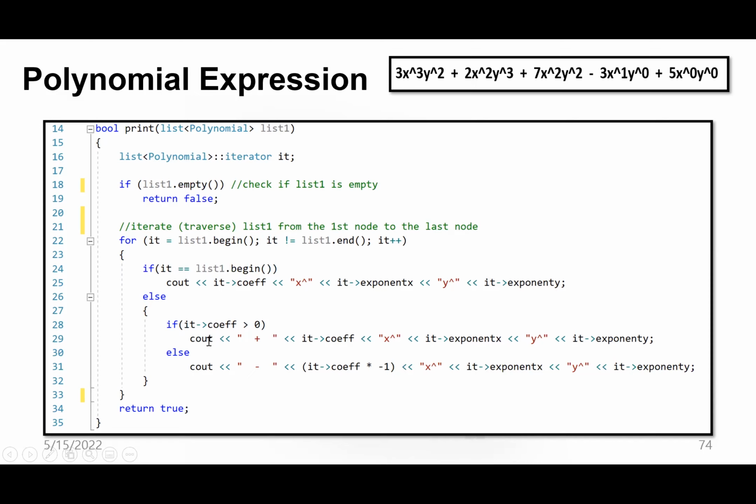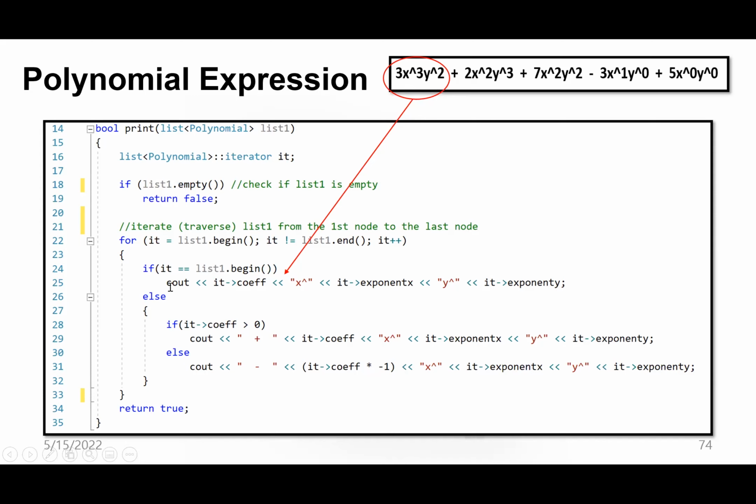Okay, every time I print, why inside the for loop do I have to put cout here, and after that I check the coefficient. If it's more than 0, I have to put a plus, otherwise a minus. This is because, if let's say I'm printing the first node expression, and this coefficient 3 is a positive value, I don't put +3, right?